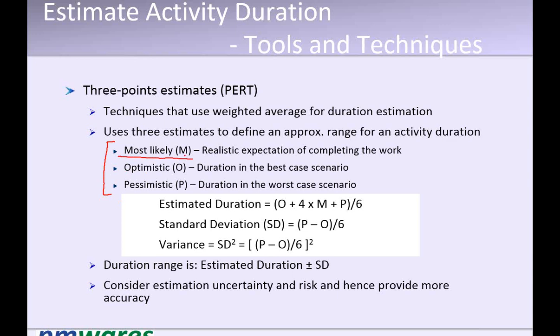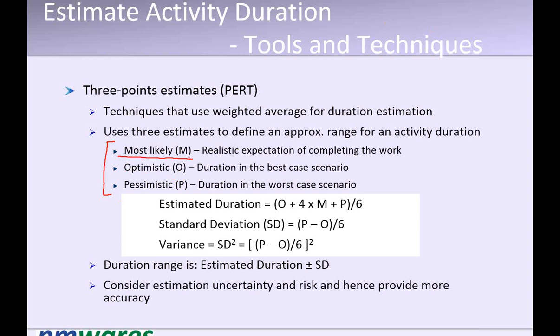The first is the most likely. Most likely means what the expert judgment normally estimates for the activity. Then we ask for optimistic and pessimistic. What is optimistic? We ask people to look at the activity and see what can go wrong, and then assume everything goes smooth and nothing goes wrong.